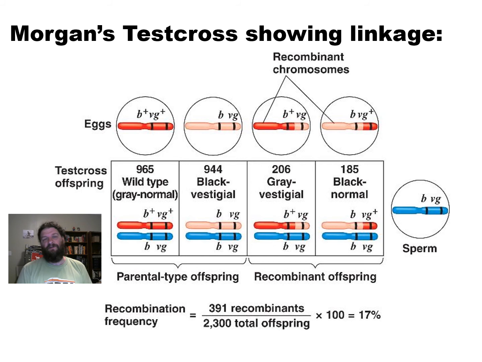T.H. Morgan, back in 1933, won the Nobel Prize for his work determining the role of chromosomes in heredity, working with Drosophila. And here are the results from one of his experiments following two different traits, in this case, the color of the body.